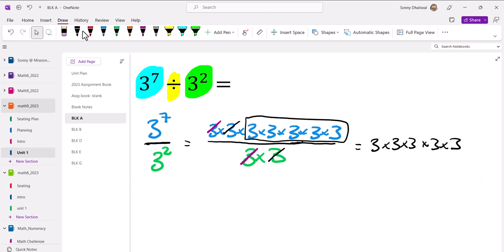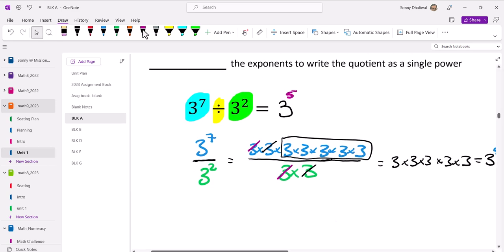Addie? 3 to the exponent of 5. Our base is 3. We count them up. We have 5 of them. So going back to our original question, our base is the same. Our exponent becomes 5. So to avoid having to do all these repeated multiplications, what's the shortcut from the original powers to the single power at the end?